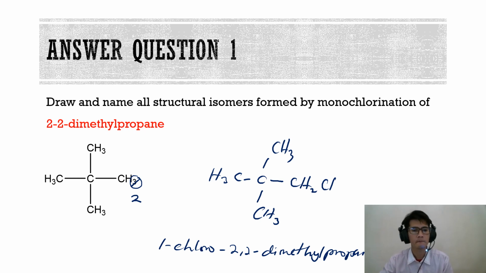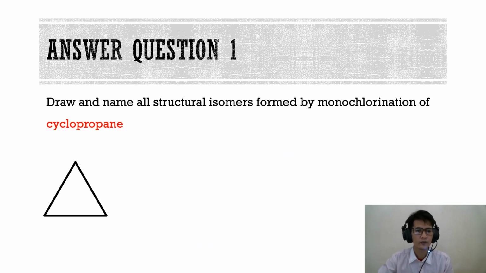Okay, next. Cyclopropane. We can't see any hydrogen present in this structure, but actually there are 6 hydrogen atoms, because for cycloalkane the general formula is CnH2n. Since we have 3 carbons, the hydrogen is 3 times 2, which is 6.